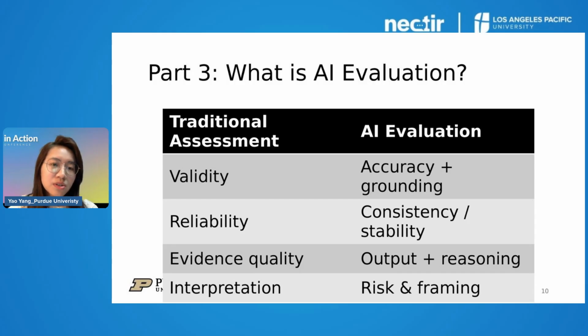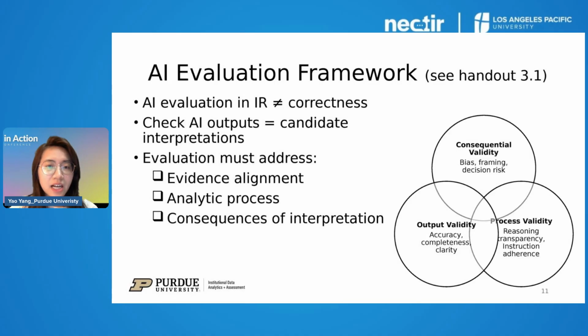And then I'm going to introduce a more structured framework for evaluating the AI output. Since I'm doing institutional research work, our AI evaluation is not just about correctness. We always treat the AI output as just candidate interpretations, not the final answers.